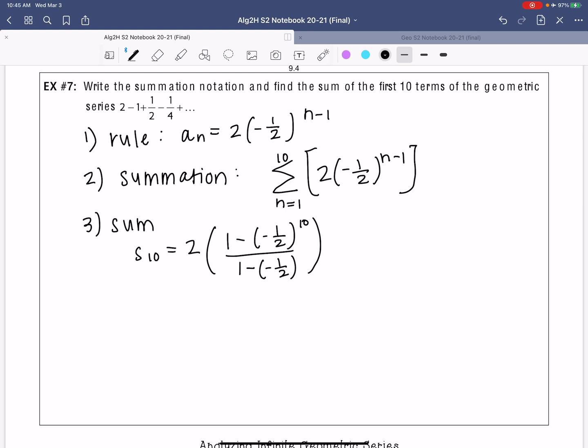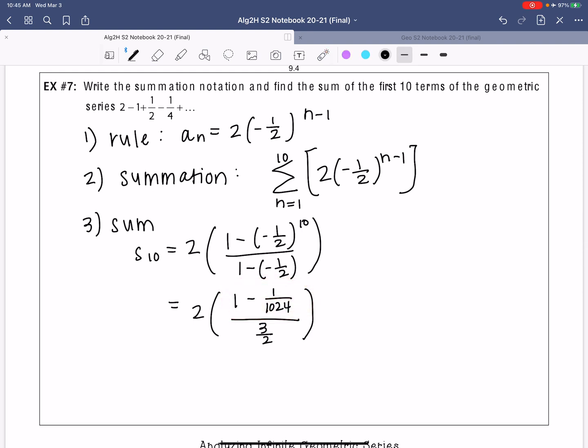For this one, you were probably freaking out because you have fractions, but you guys can do it. So we would have 2 times 1 minus 1 over 1,024, divided by 1 plus 1/2, which gives me 3/2. The next thing I want to do is get a common denominator for my numerator so I can combine these. My common denominator would be 1,024.